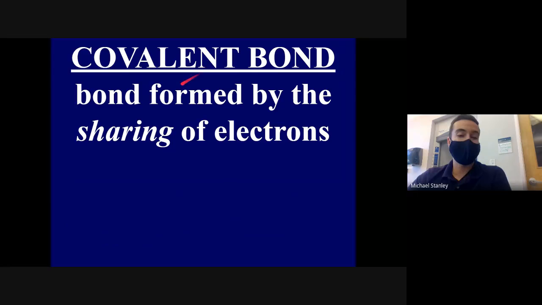So covalent bonding is all about sharing electrons. Both atoms are using the same set of electrons. So instead of one losing and one gaining, it's like they're both using the electron at the same time. So covalent bonding is all about sharing.